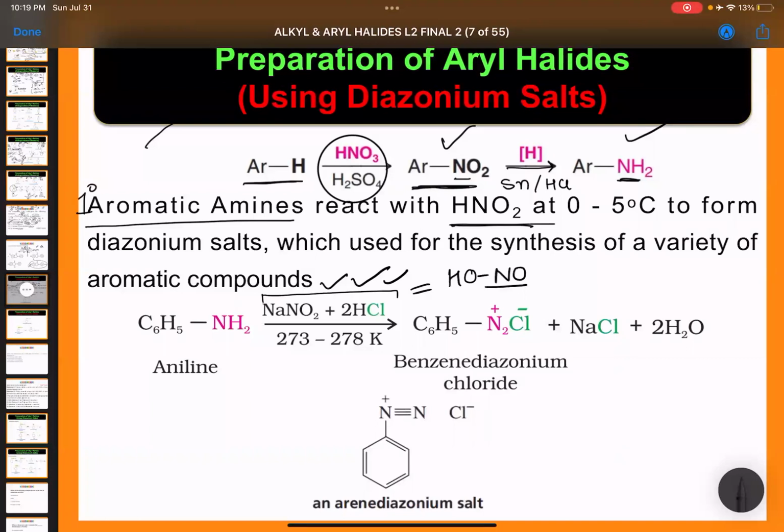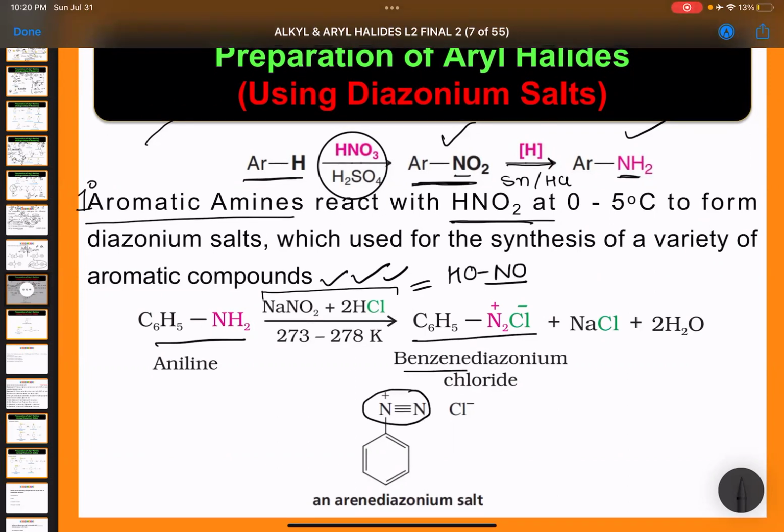The generated aniline is reacted with nitrous acid, and that will convert the aniline to a diazonium compound. This diazonium has an N2 plus group directly connected to benzene. This is benzene diazonium chloride.